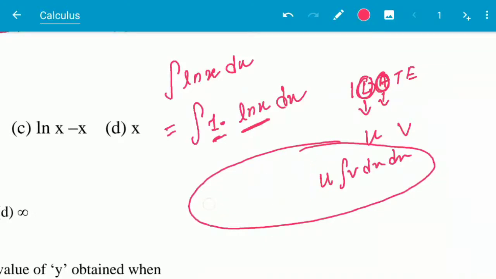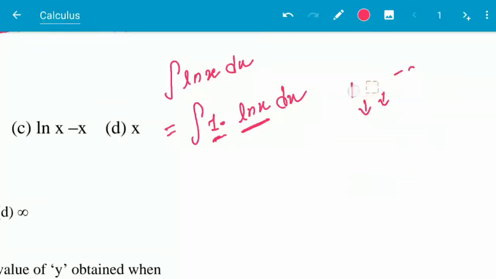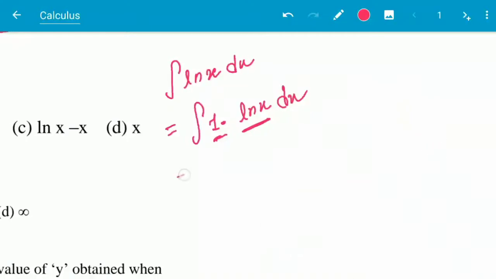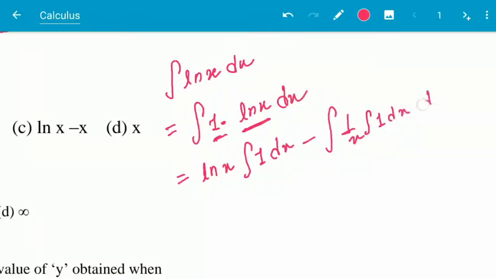If we apply this here, the first one is the logarithmic function, so this will be ln x times the integration of 1 dx, minus the integration of 1 by x, which is the derivative of ln x, times the integration of 1 dx, dx.